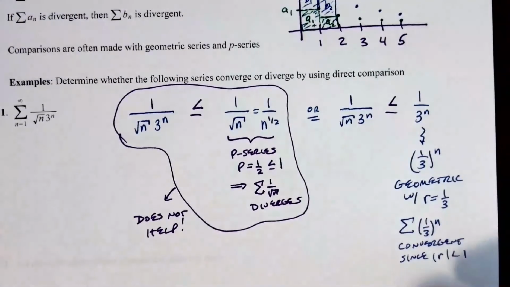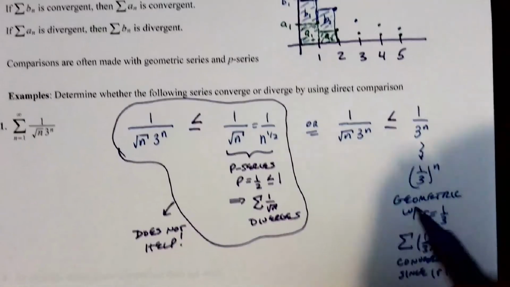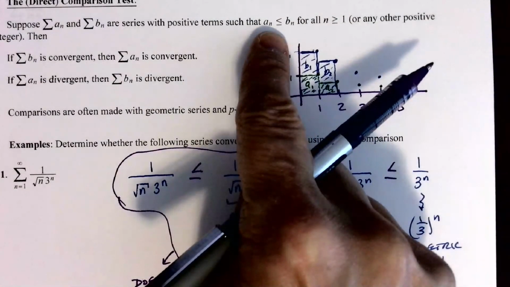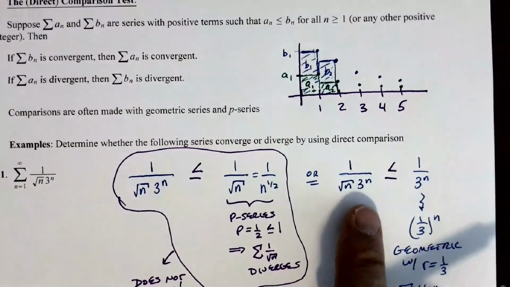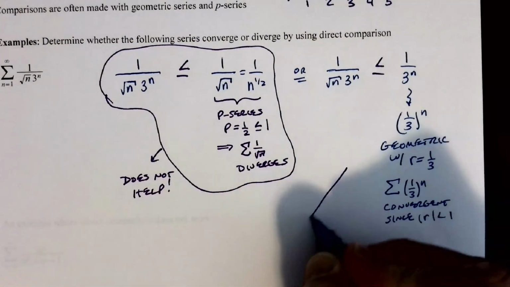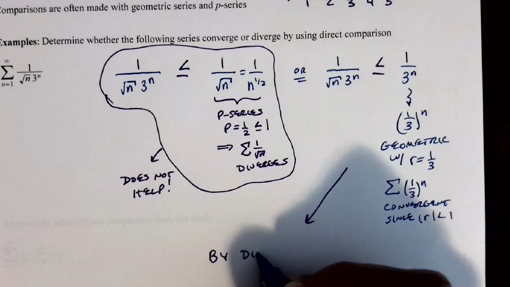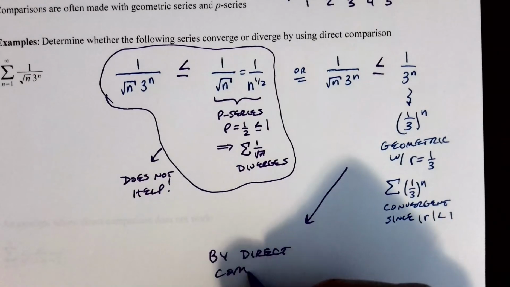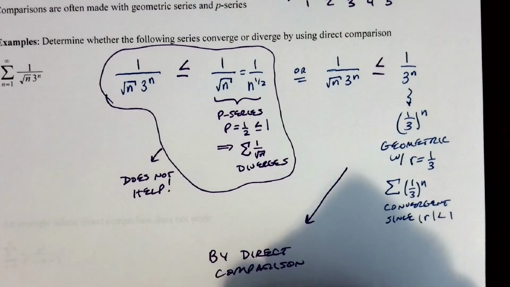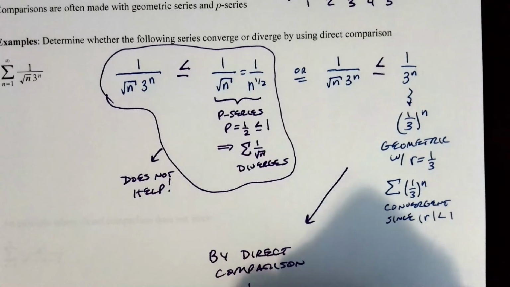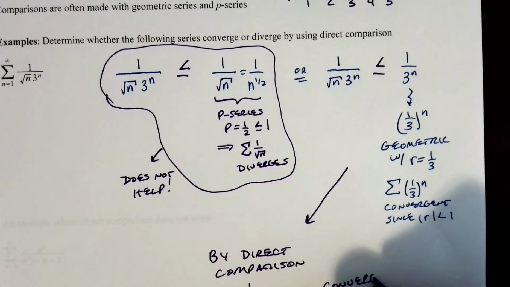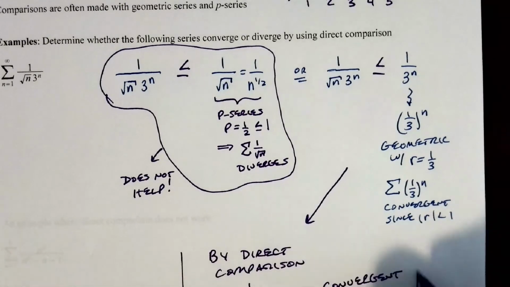Does this help? Yes. Since this series is convergent, and the terms of the series we're looking at, the A sub n's, are less than or equal to these terms, our series also is convergent. So this now allows me to say, by direct comparison with that series, the series 1 over square root of n times 3 to the n converges.